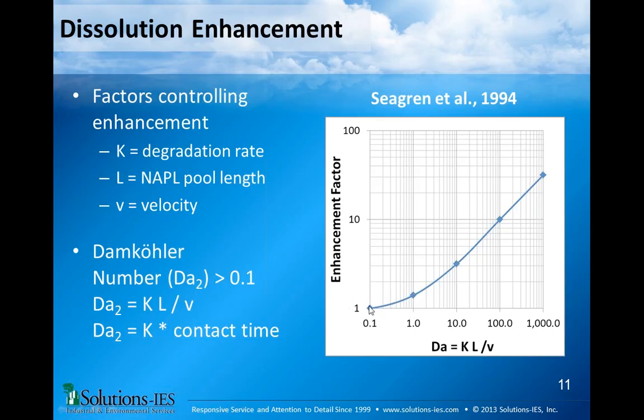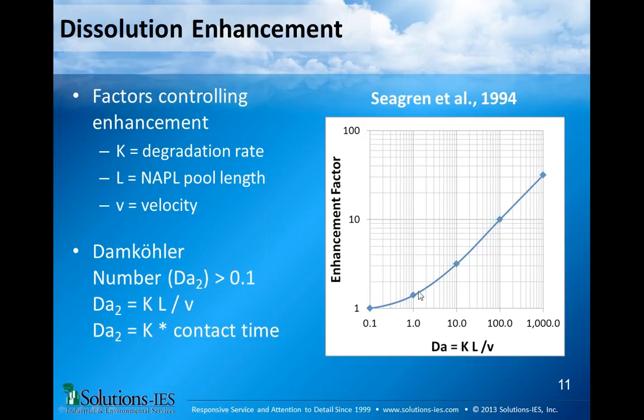Now what you have to remember is, as the water is flowing past this LNAPL, it's dissolving. If the contaminant biodegrades before it passes the LNAPL, more will dissolve. But suppose toluene dissolved out of the LNAPL, flowed down, and biodegraded somewhere down here at the end of the column.